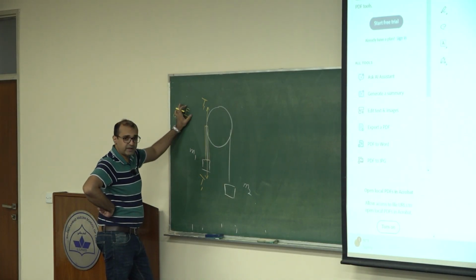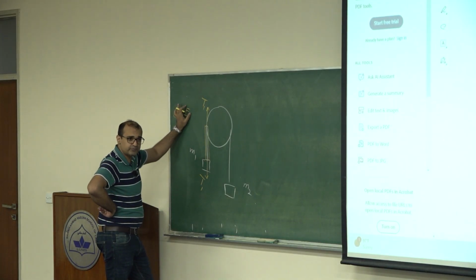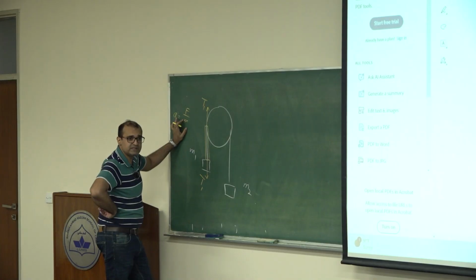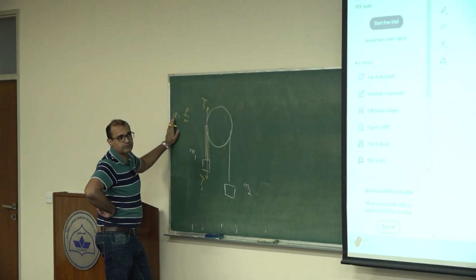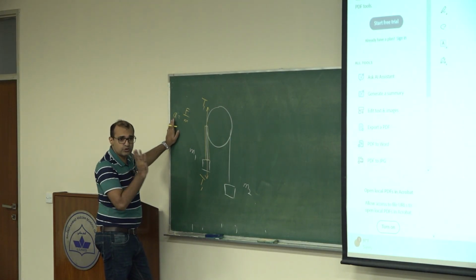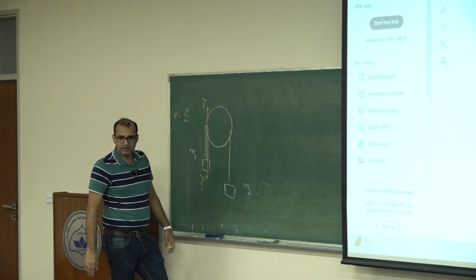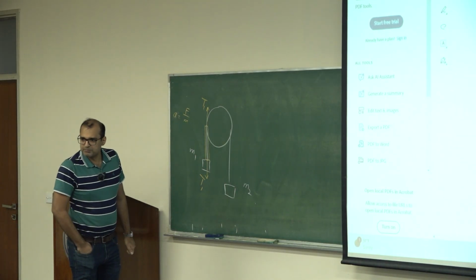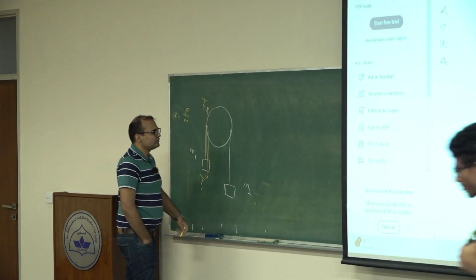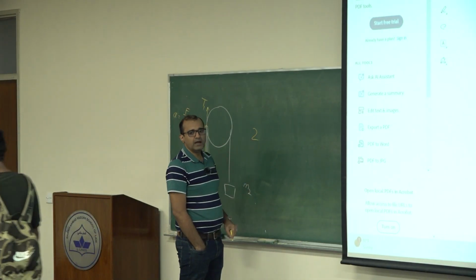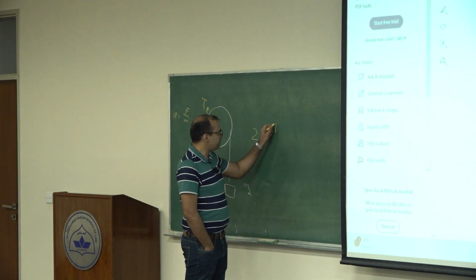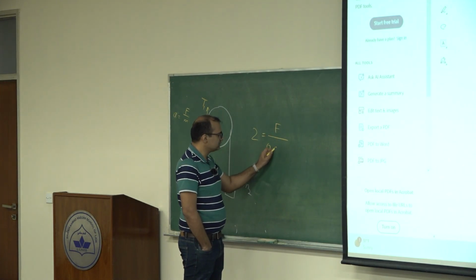But if F, remember F is the net force, was finite and M was infinitesimal, this would be infinity for sure. But this is not infinity in physics. Your block is not going to zoom up. Another way to see that is suppose our acceleration is 2. This equals F over a very, very small number.